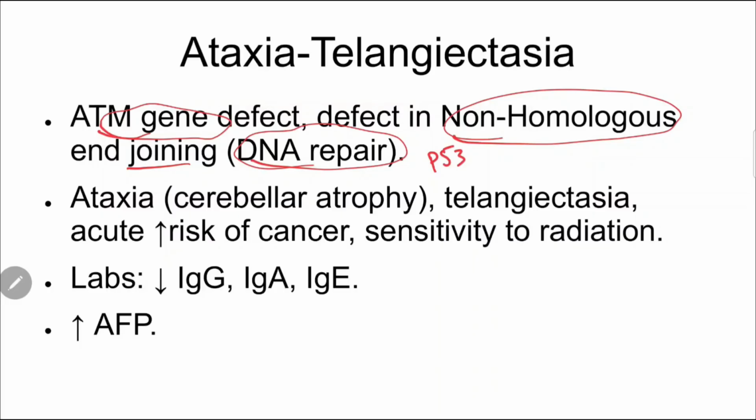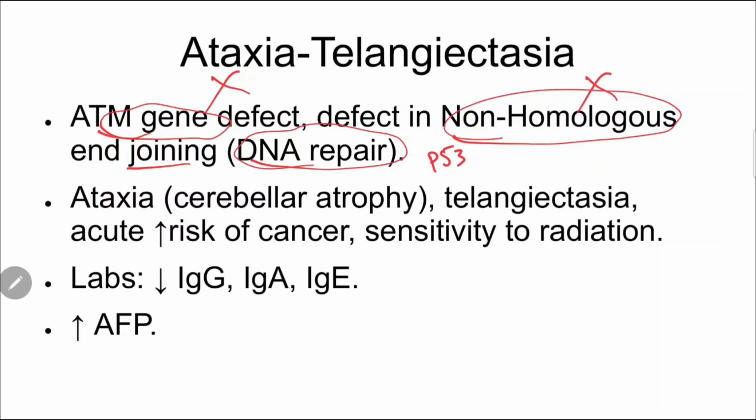So it tells P53 that, hey, we have some mutations, we have to correct them before moving forward, right? So P53 says, okay, let me hold on the cell cycle and let me check, right? And then that allows for the DNA repair, which is known as non-homologous end joining. Now, obviously, if you have a defect in ATM, you will have a defect in non-homologous end joining.